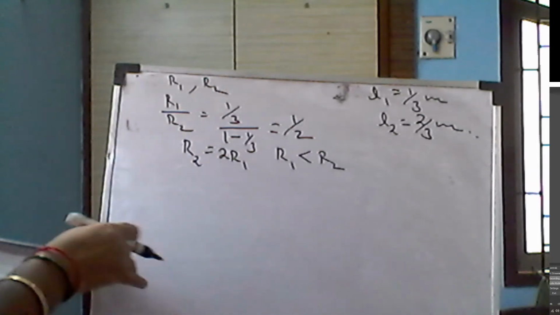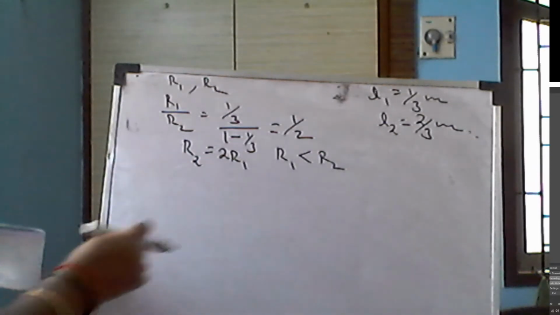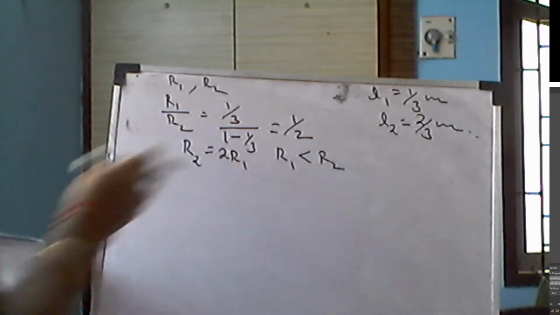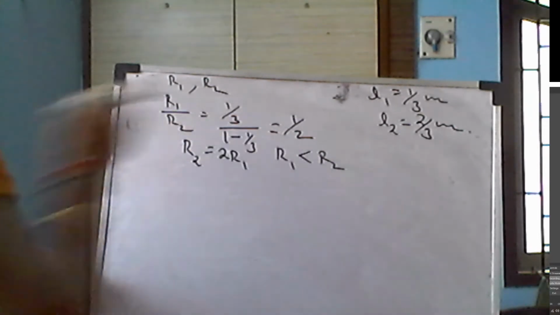Now what is the next part? R1 is less than R2, so the 6 ohm resistor is connected in series with R1 only.